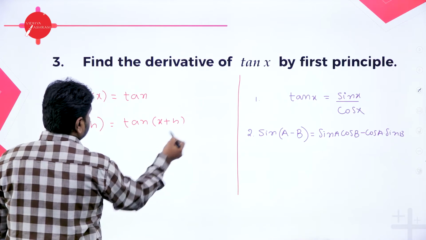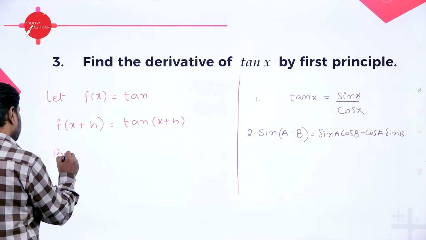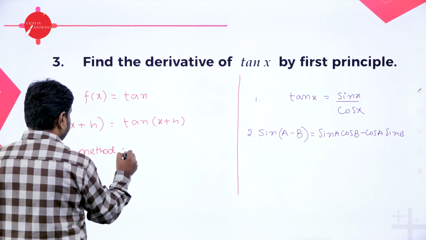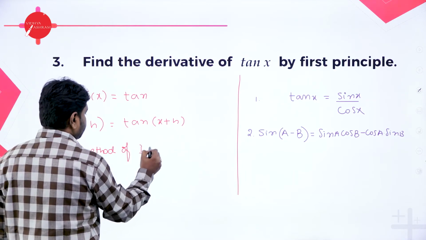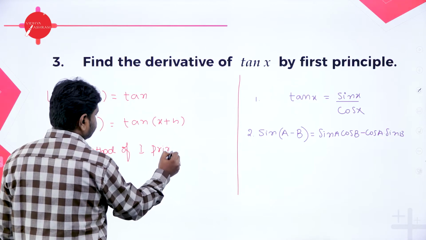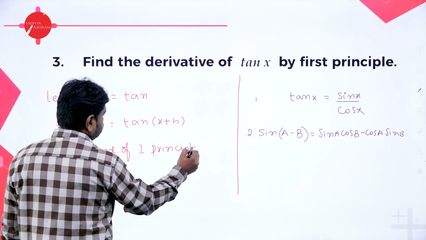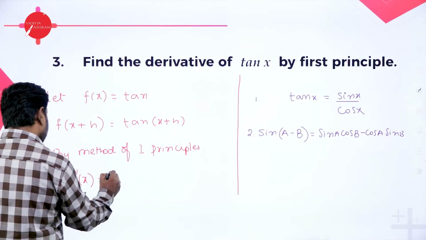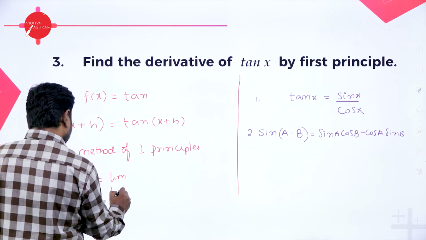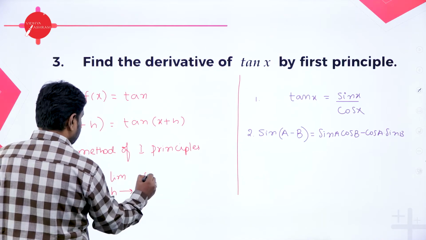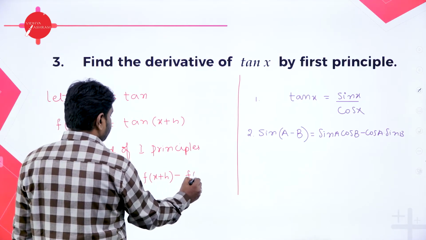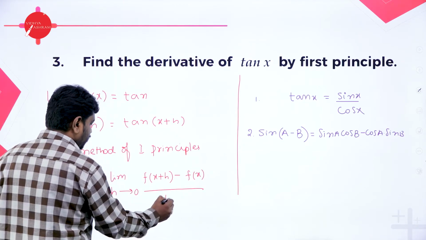Now you write by the method of first principles, f dash x is equal to limit h tends to 0 f of x plus h minus f of x divided by h.